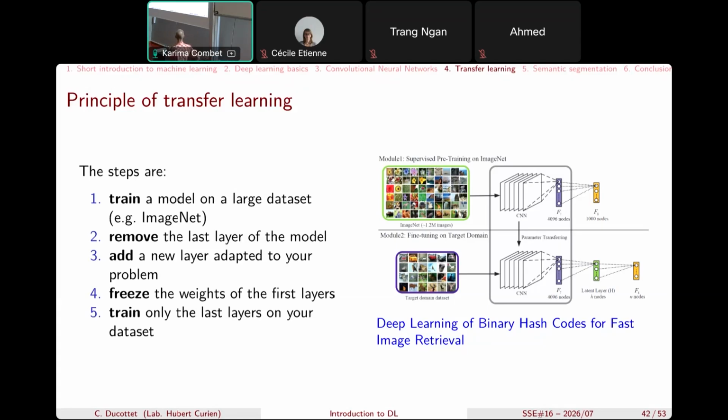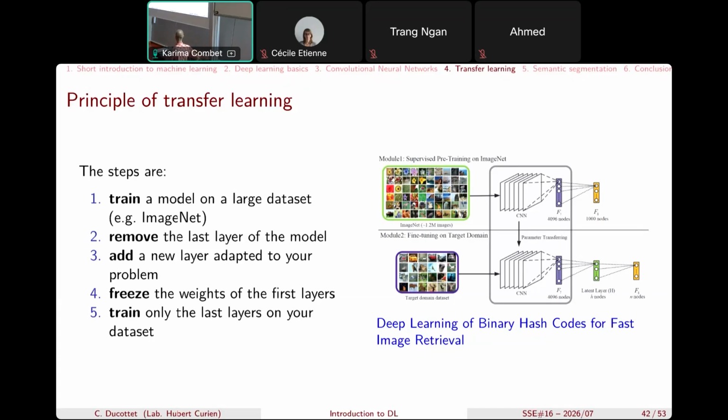If we have very few images to train, we will keep all the first layers that have been previously trained. We will add new neurons at the end, or we could also discard the last convolutional layer and replace it by another one. And we will only train the new neurons that we have added.